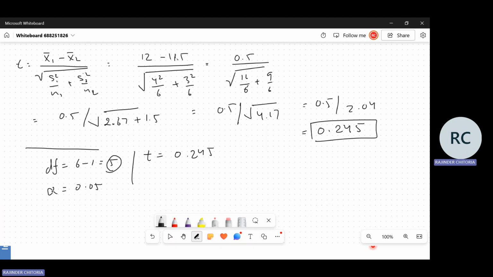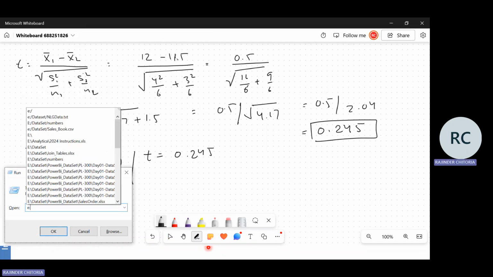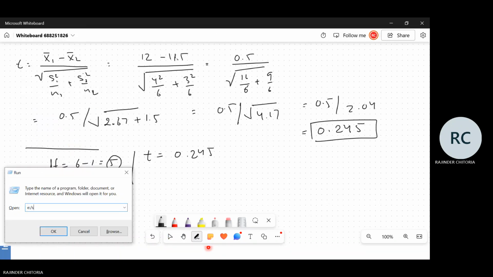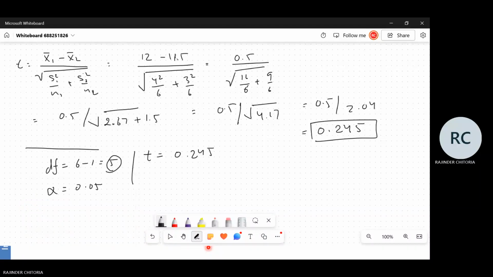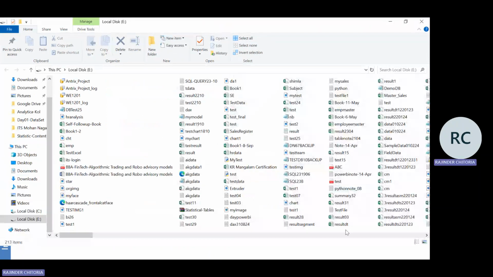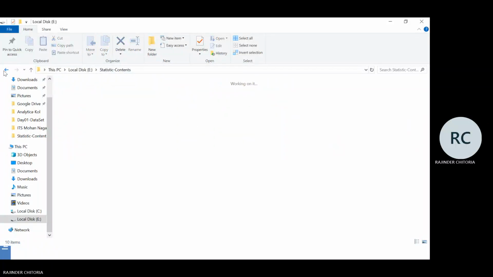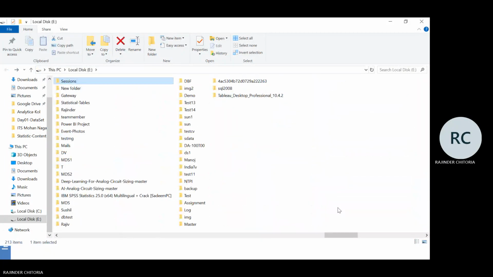Now let's validate these values against our table with 5% significance. So let me take the stats tables.